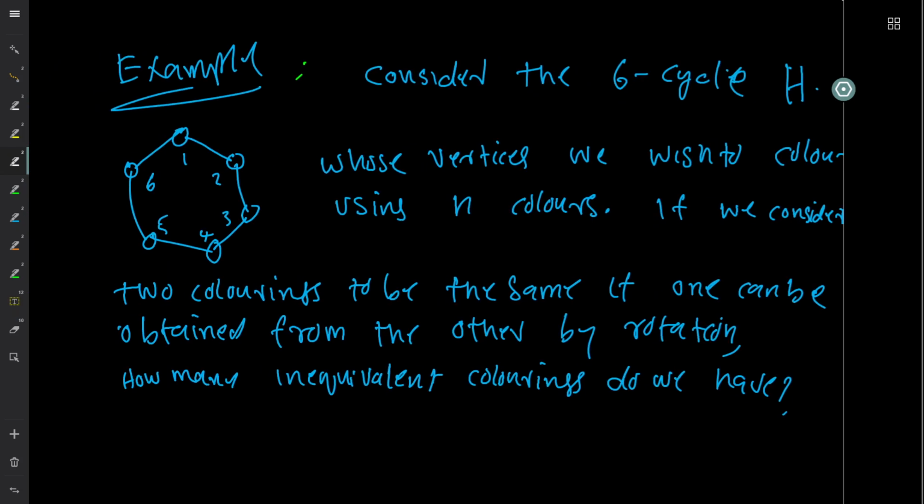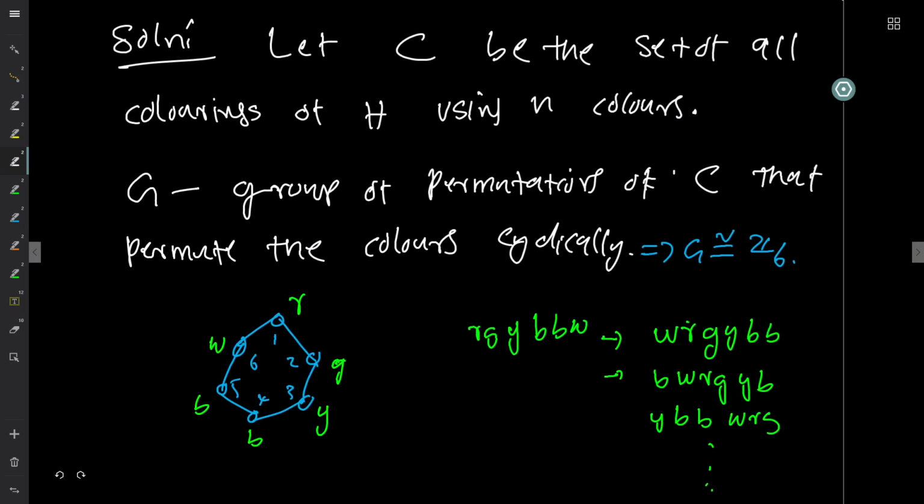How do you use this? So we want to find the cardinality of fixed pi, and then we get the formula, right? So let us look at the set of all colorings of the hexagon using, let's say, n colors. That is our set Y, right? We are going to apply the group action on this set of colorings.